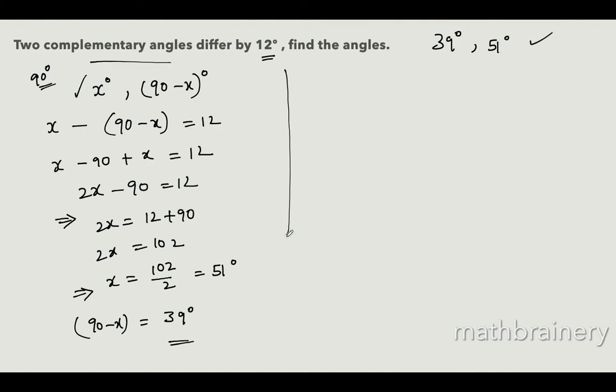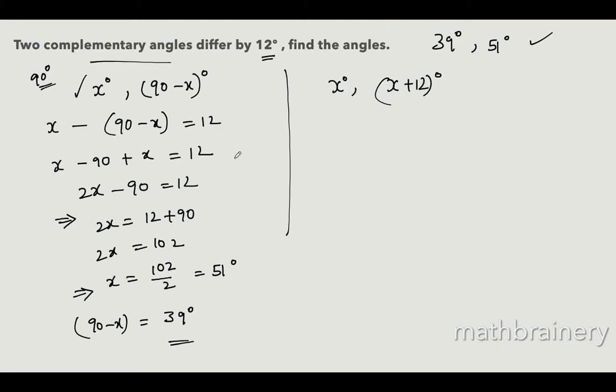You can also solve the same problem using a different logic. Let me assume that one angle is x degrees. Now what is given? The difference between these two angles is 12 degrees. So I'll assume the other angle as x plus 12 degrees. Okay. One angle is x degrees, the other angle is x plus 12 degrees, so that when I take the difference of these two, it will be 12 degrees.